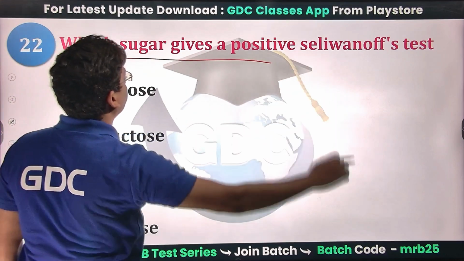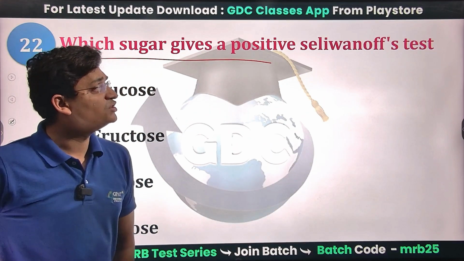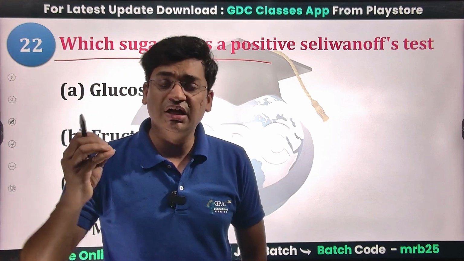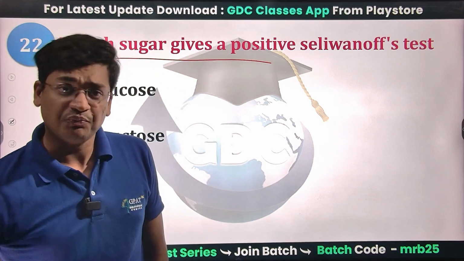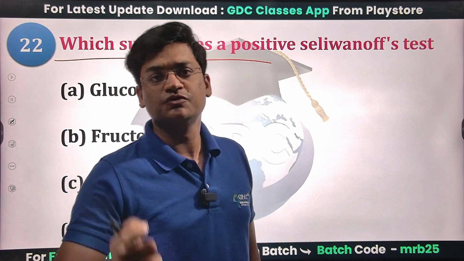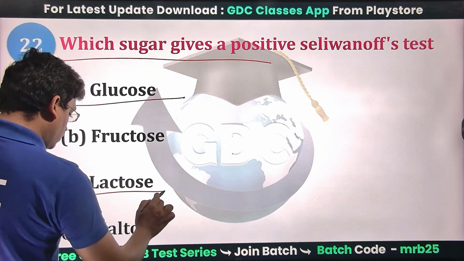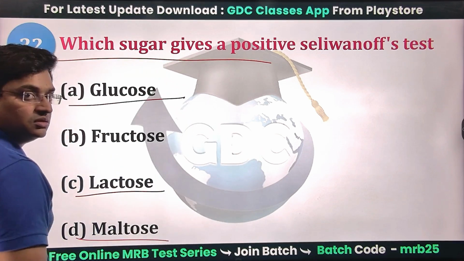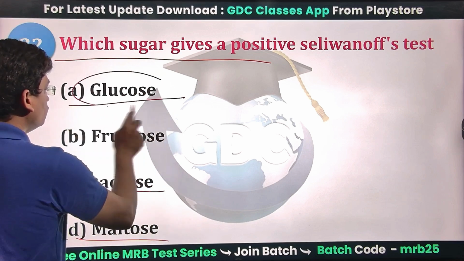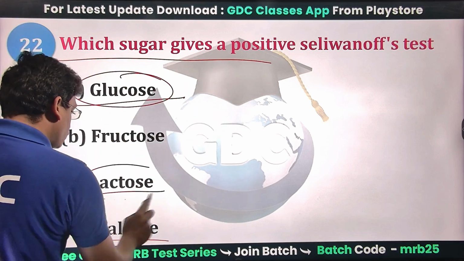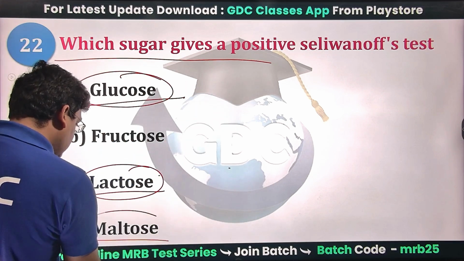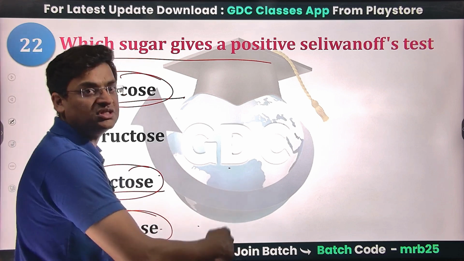Next question, which sugar gives a positive Selivanov test? Selivanov is actually used for ketohexoses. Glucose is having glucose, lactose is having glucose plus galactose, and maltose is having only glucose and glucose.